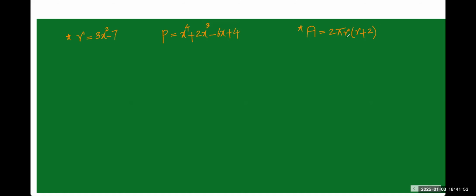In the first one, will the 7 become a 0? Exactly, 7 is a constant. So the first one is 6x, is that right? Correct. Okay, let me do the next one.